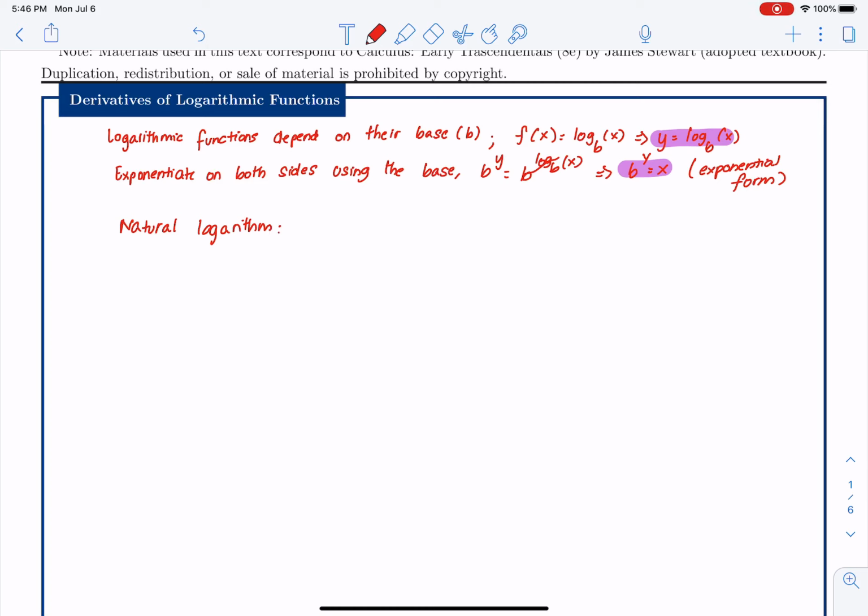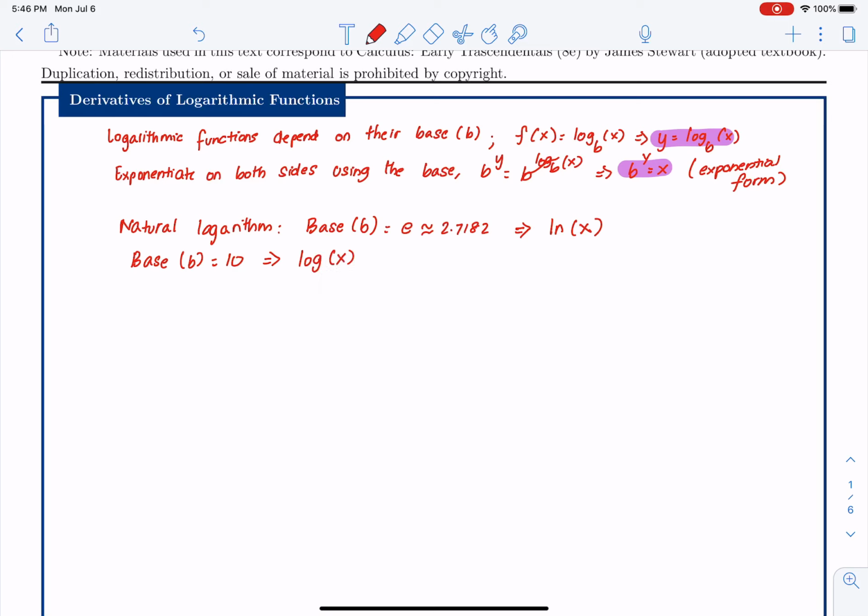when we say a natural logarithm, we imply that the base b is e, the number 2.7182. And we denote the corresponding logarithm as ln of x. If the base is 10, we simply write the corresponding logarithm as log of x.